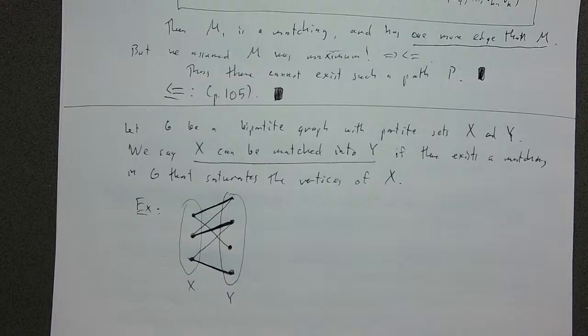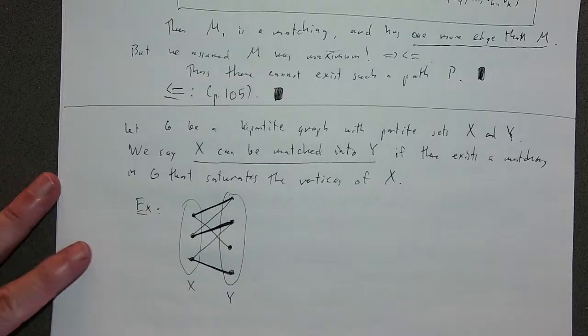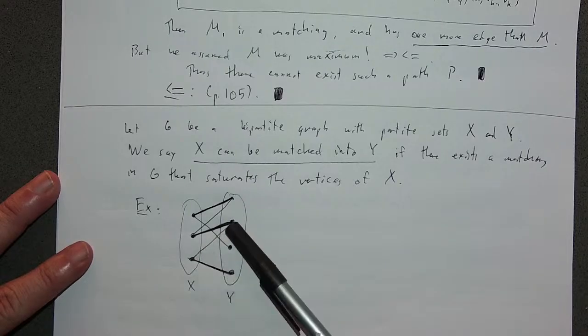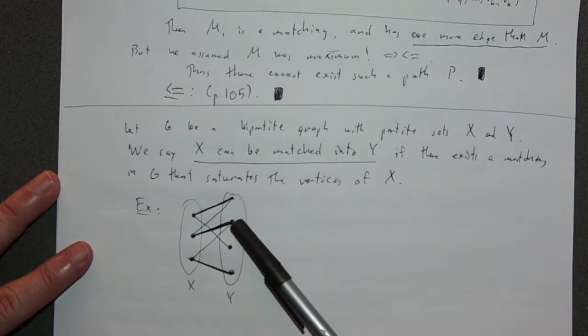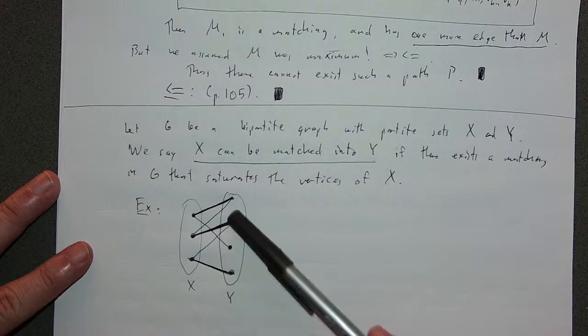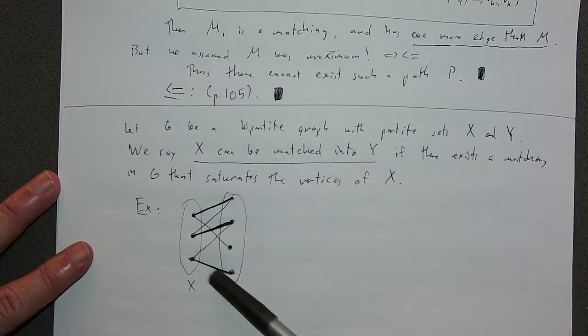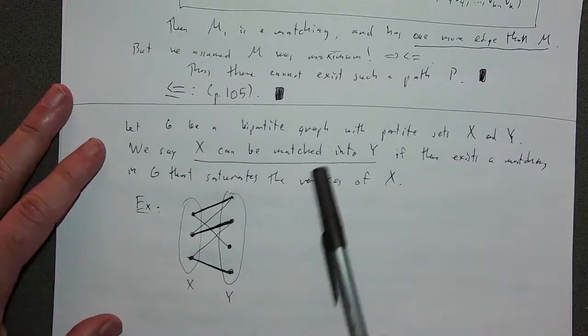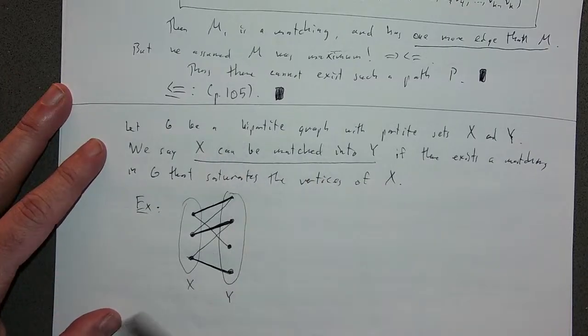But you notice when I was filling this out that, for instance, let's say the only edge between this vertex and any of the vertices here was this one. So this edge didn't exist. Maybe this vertex was connected here. Would I be able to say that X could be matched into Y?